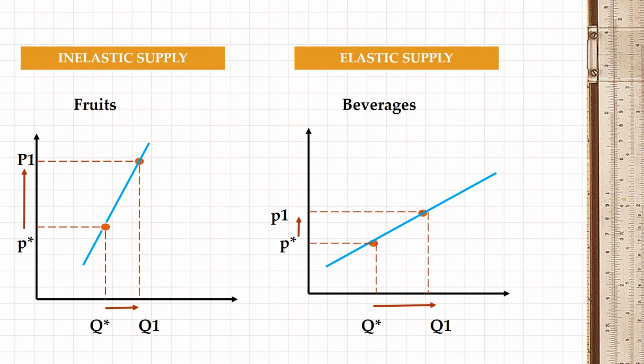You notice there is a small change in price, but this change leads to a big change in quantity supplied. Remember, price is an incentive for suppliers to supply more. So for manufacturing commodities, they can quickly react to changes in price. When price is rising, they can supply more easily and quickly.